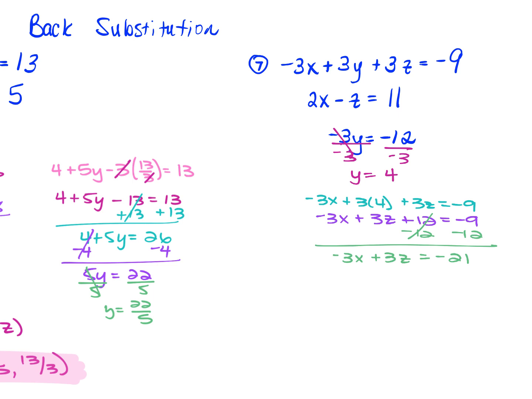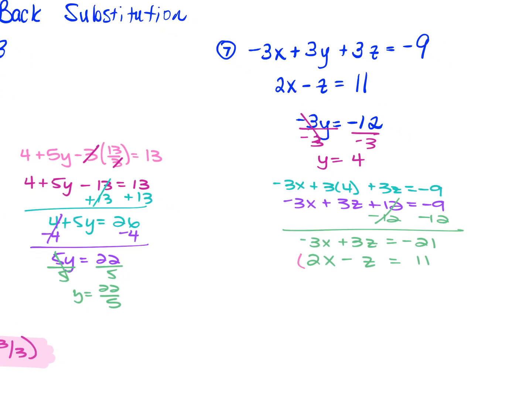You're working this with the 2x minus z is equal to 11. You can still solve this. Use your elimination with your two equations and solve for one of those variables. My z's are opposites, so if I multiply the bottom by 3, top stays.